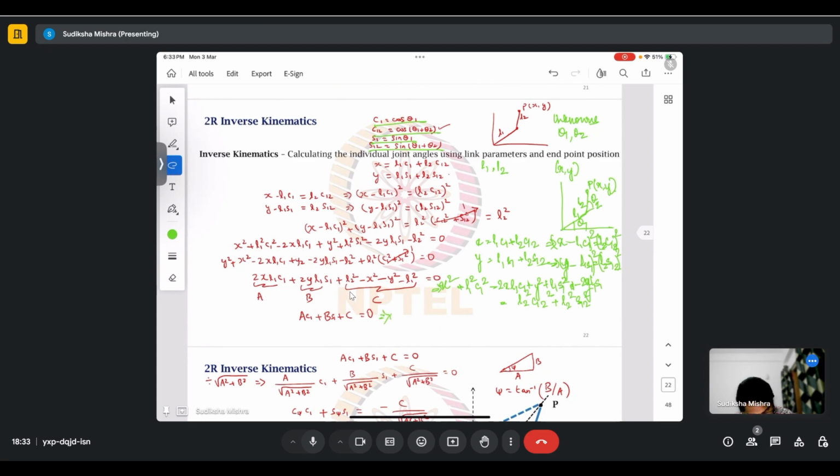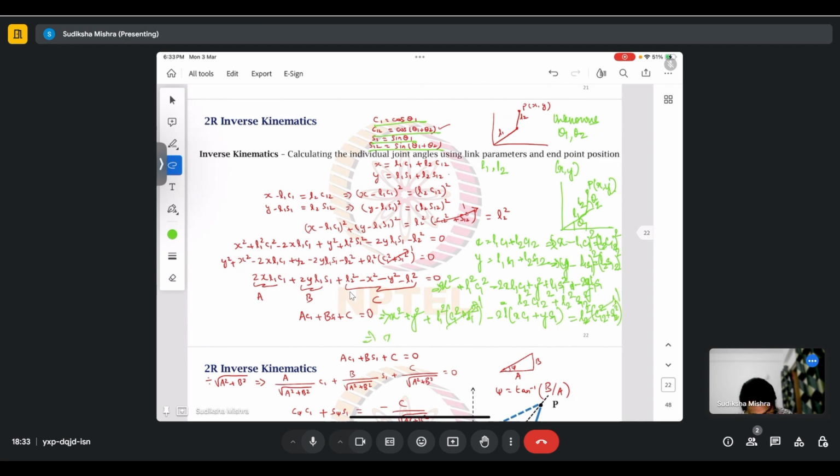So you can just rearrange terms. C1 square plus S1 square is 1, and C12 square plus S12 square is 1.